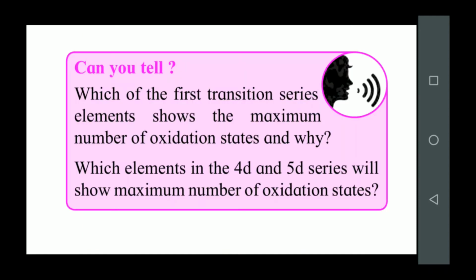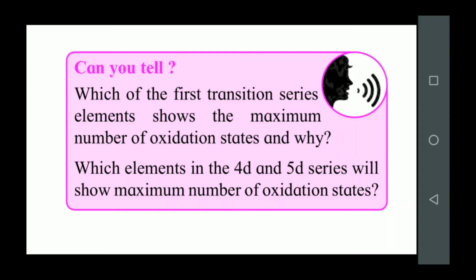Now the question is asked, which of the first transition series elements shows the maximum number of oxidation states and why? And after answering this, we'll answer which elements in the 4d and 5d series will show the maximum number of oxidation states.